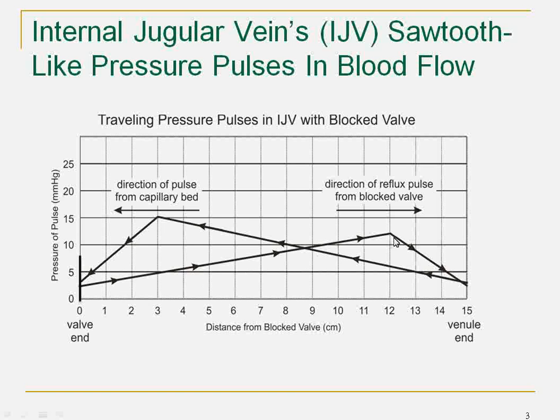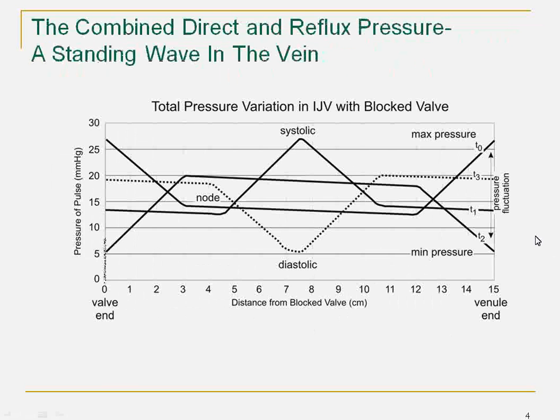And what happens with these two waves together is the superposition or the summation of those two waves. So as time goes by, the pressure across that internal jugular vein will look something like this.